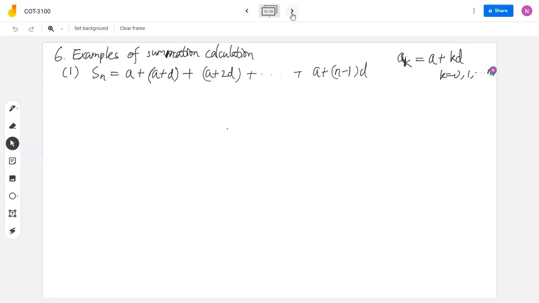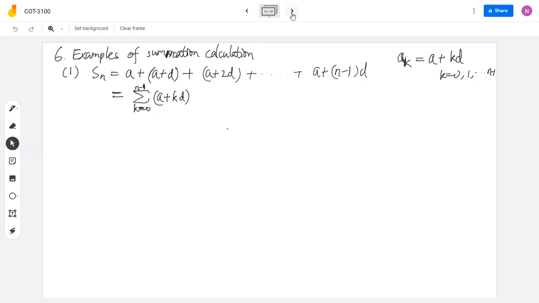So you have n terms. Using the sigma notation, we have the summation over k equals 0 to n minus 1 of a plus kd. Okay, how do I do this?